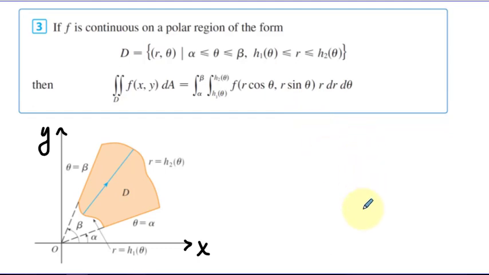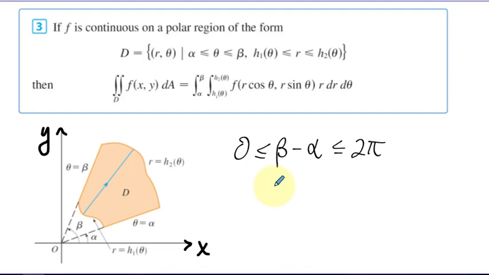Another thing that I want to comment on as far as this region is, for this region D to actually be a region in the two-dimensional plane, I'm always going to expect beta minus alpha to be not negative, and to always be at most 2 pi, because if the difference in these angles was greater than 2 pi, we'd have a region that's overlapping on itself.